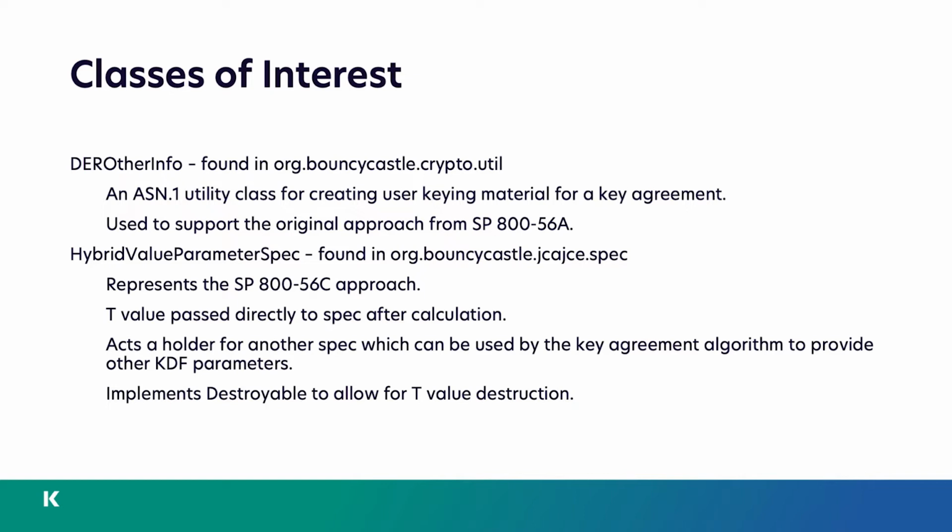It's basically an ASN.1 utility class for creating user keying material for key agreements, and it's used to support the original approach from SP 800-56A. Then we have the hybrid value parameter spec. This one represents the SP 800-56C approach, and it can be found in the JCA JCE spec package.